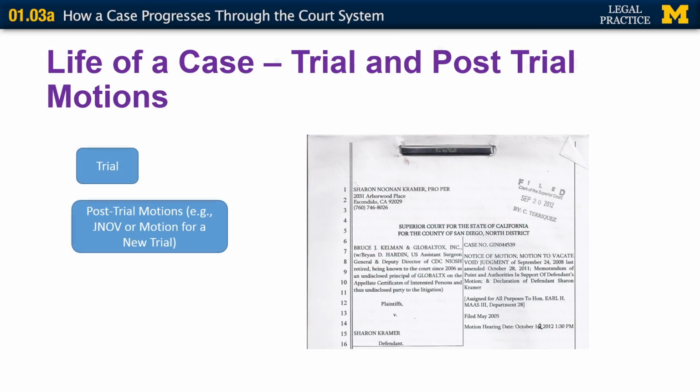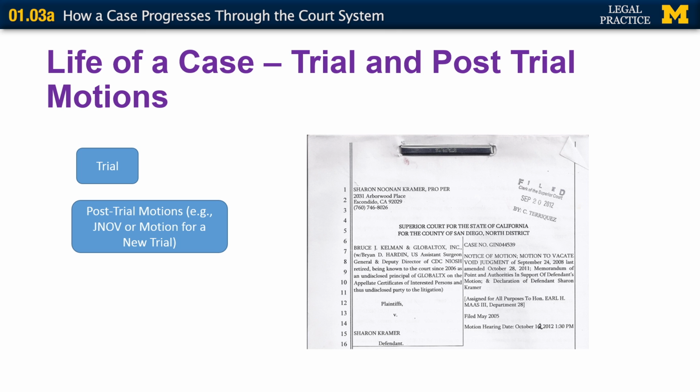At the end of the trial, there'll be a decision by either the judge or a jury if there's a jury involved. And at that point, after that final decision, again, either party or both parties may file some post-trial motions that the judge will need to decide upon.